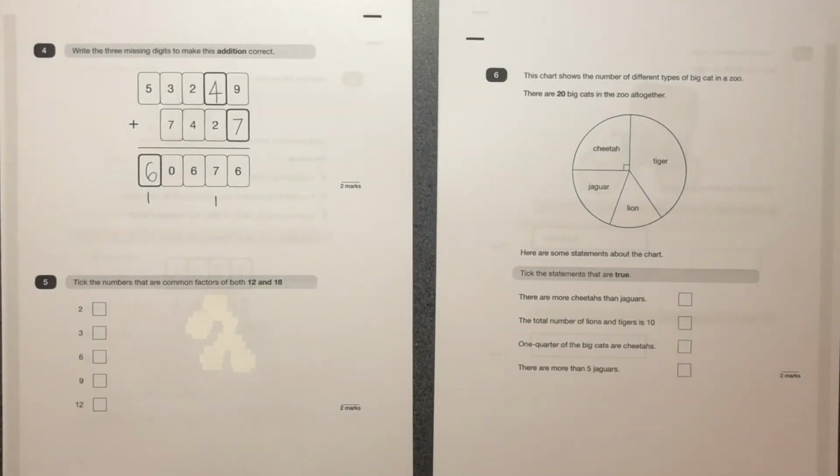Question 5. Tick the numbers that are common factors of both 12 and 18. We're going to start off by writing out all the factors of 12 and all of the factors of 18.